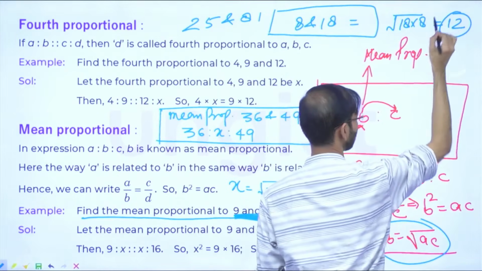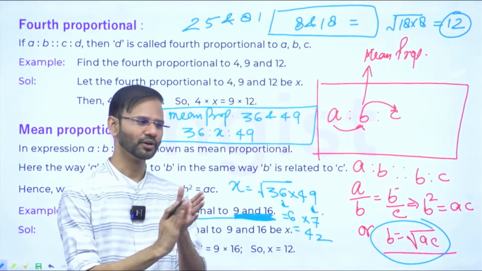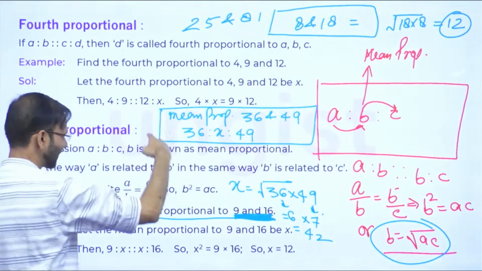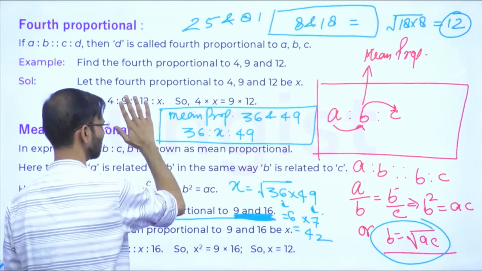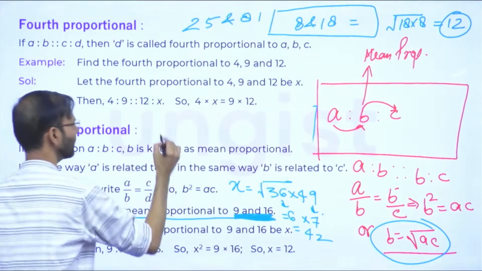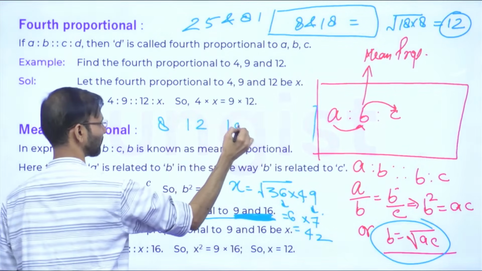And friends, let me tell you one thing. Everybody, look here, all of you. Shall I remove this part? I just want this space to be used. Look, 8, 12, 18.